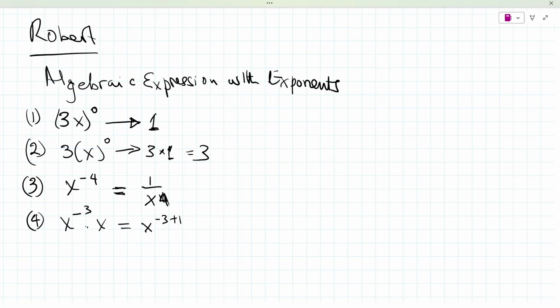So that's why we have x to the power minus 3 plus 1. When you multiply bases, you add the exponential values. So this becomes x to the power minus 2. And you can further express this using positive exponential values by saying that's 1 over x to the power positive 2. And that will be your final answer.